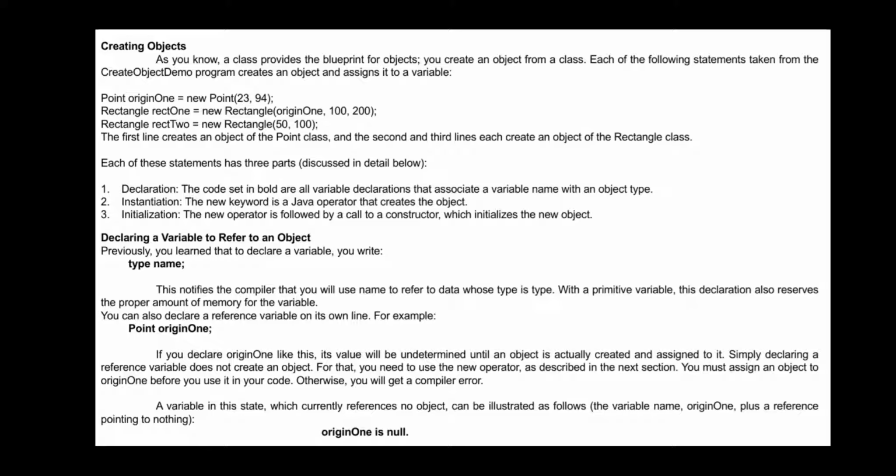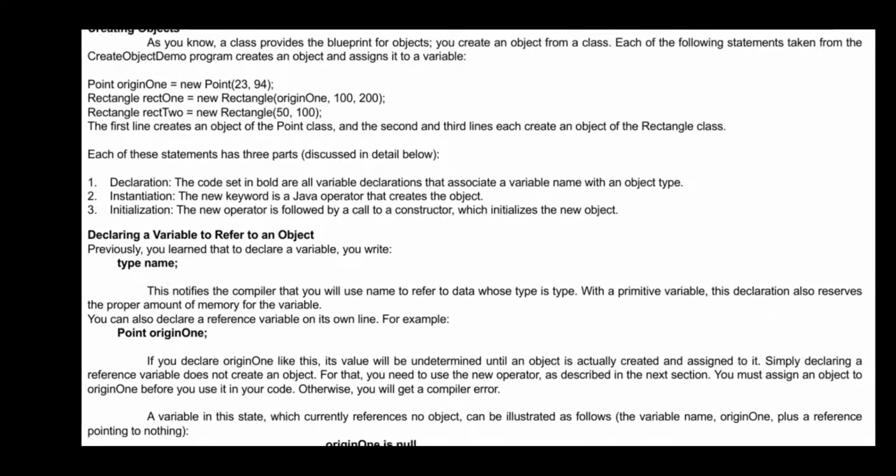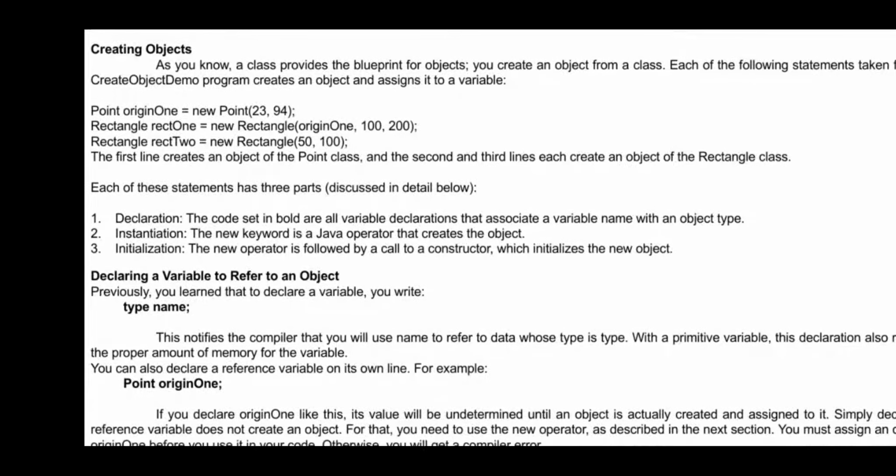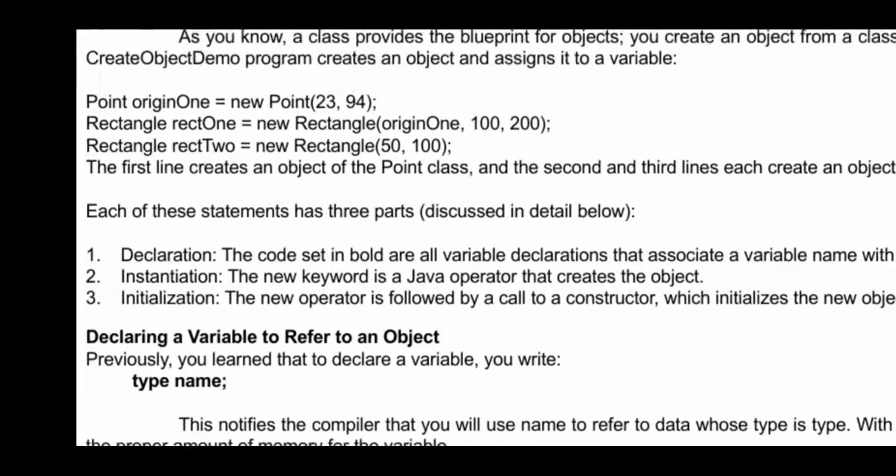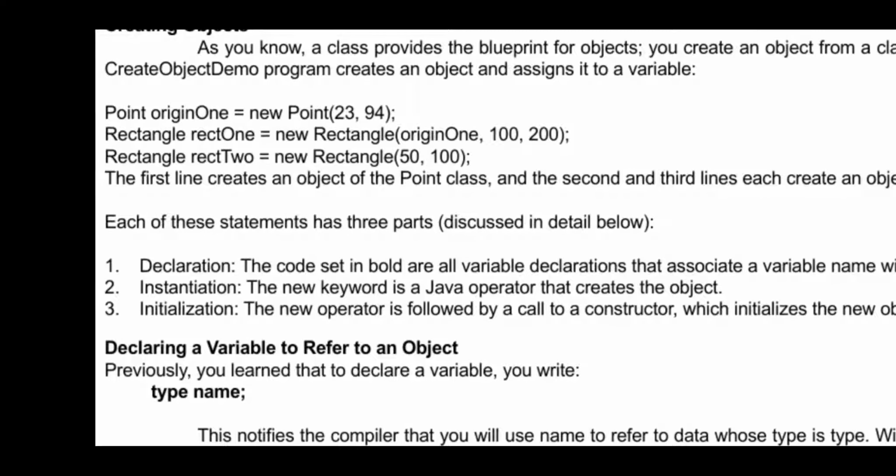Each of the following statements taken from the class object demo program creates an object and assigns it to a variable. A simple statement here says a class provides a blueprint of an object.